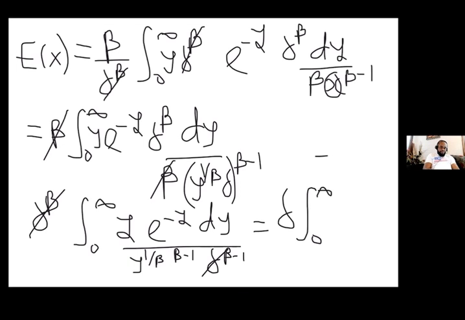I got y exponential raised to power minus y, the y divided by, if I simplify this, I'm actually going to have y. That's going to be 1 over beta times beta. That's going to be 1 minus 1 over beta, right? I'm simplifying that.